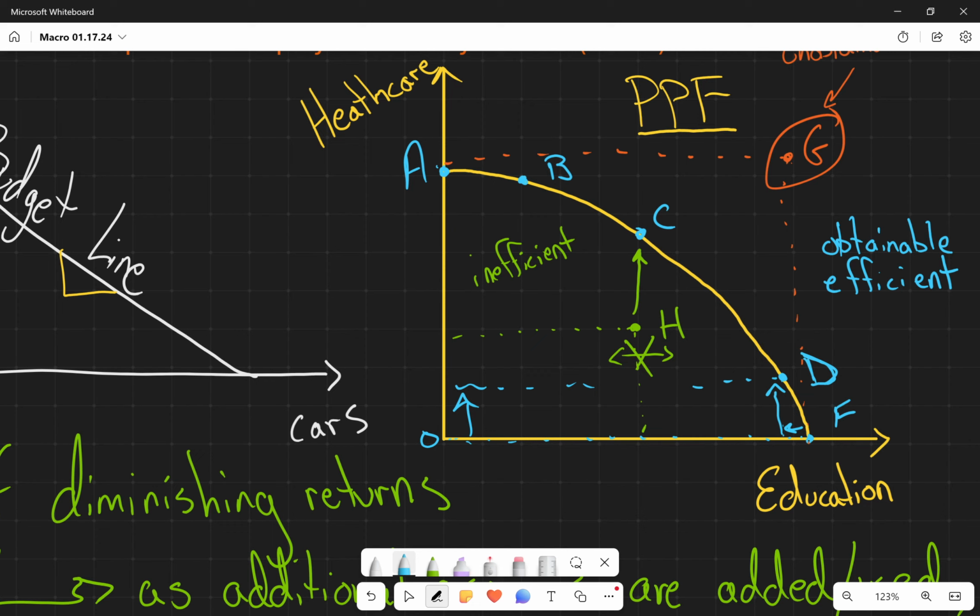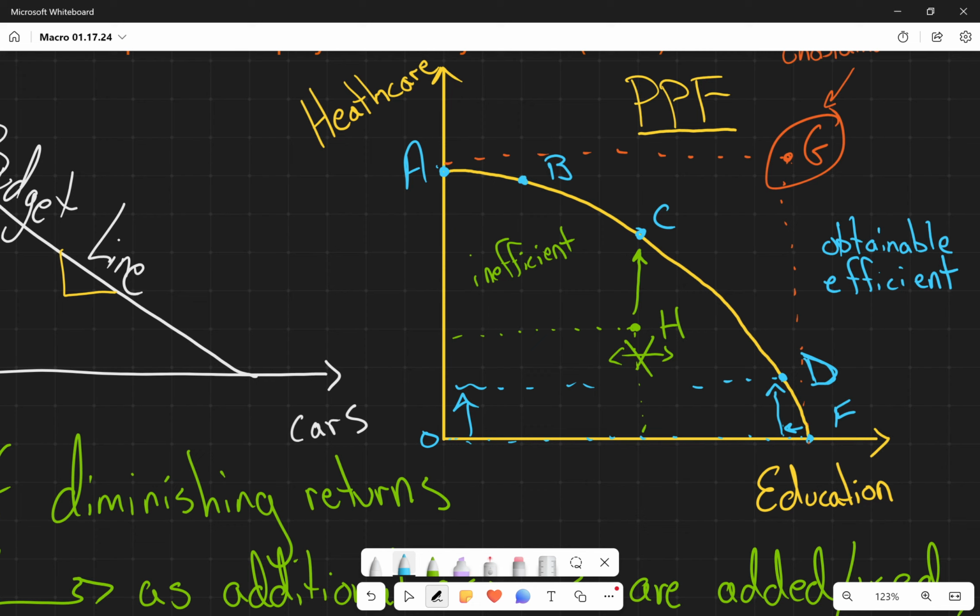So when we're at this B point here, we're trying to convert schools into urgent care centers. We're trying to teach teachers how to be nurses or something like that. When we're over here, going from D to F, we're shutting down doctors and nurses and other places like that, and we're building more colleges and technical training programs and trade programs and so on.